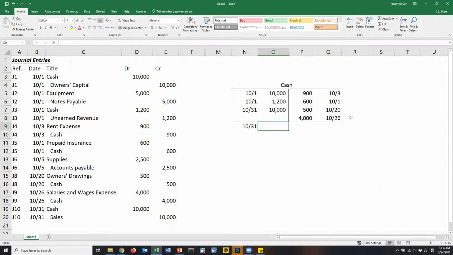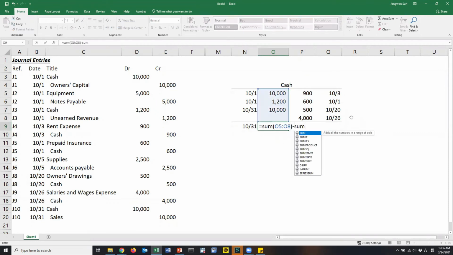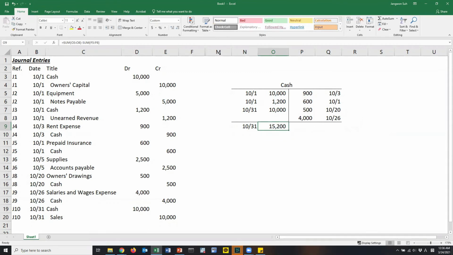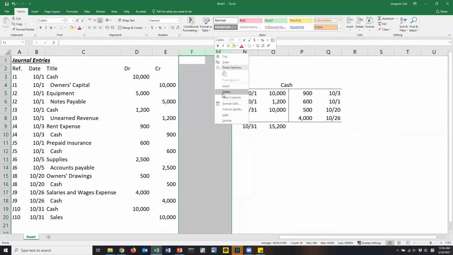And then you calculate the sum of all debit balances minus sum of all credit balances. Sum of the debit minus sum of the credit. Okay. Then we have 15,200. Is it the same as what we did on general ledger?